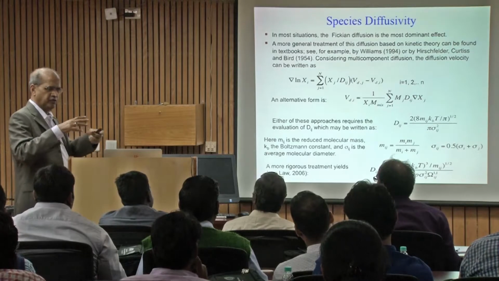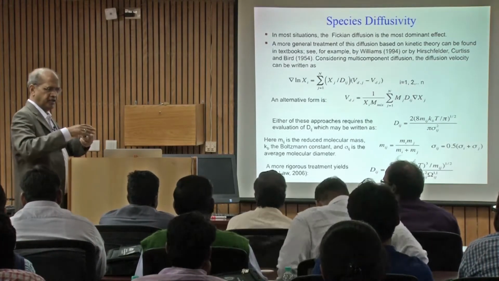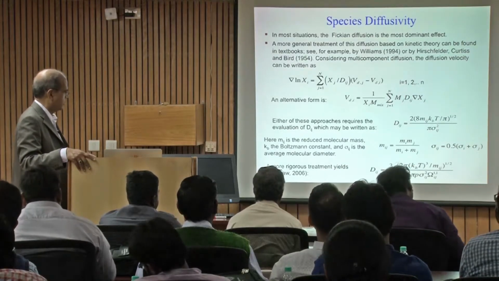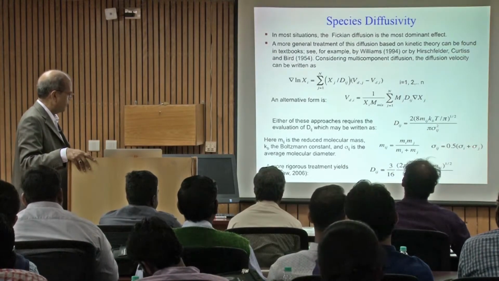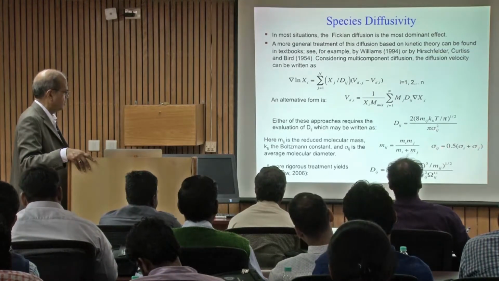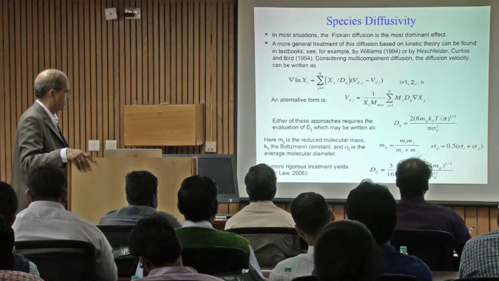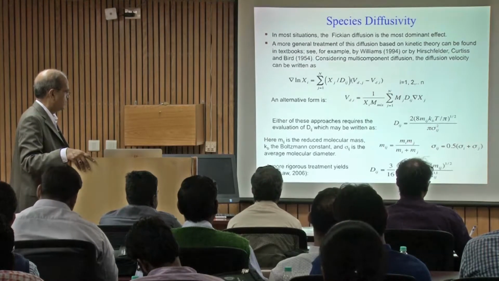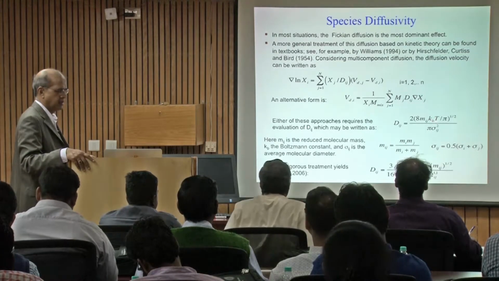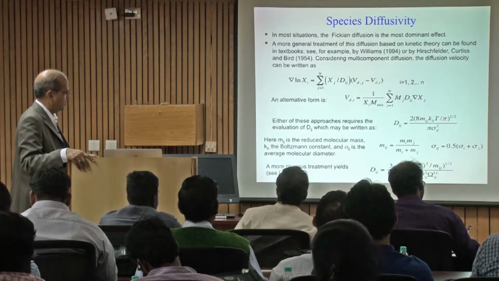You have these molecules which are moving, and some molecules are diffusing because there is a gradient in the mass fraction. This is the diameter of molecule i, and this is the diameter of molecule j, so use the average diameter again. As I said, this is the mass. Remember what is k_B? That's the Boltzmann constant. So this is the temperature effect.